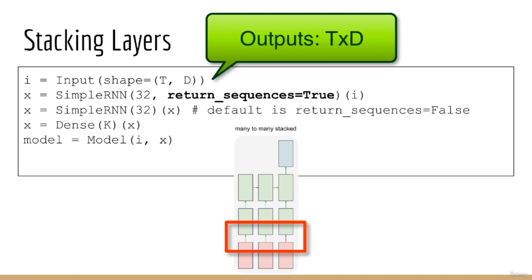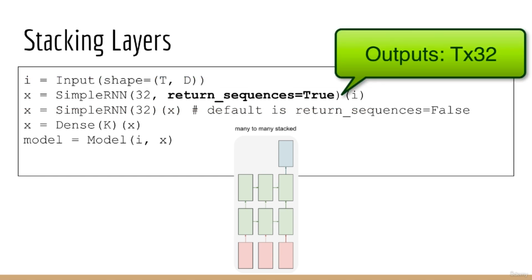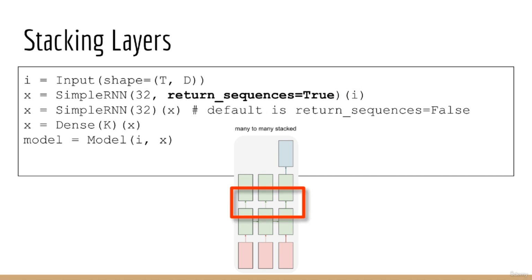In this case, we start with an input time series of size T by D. Then, we pass this through one RNN layer with 32 hidden units. We set return_sequences equal to true so that the output has the shape T by 32. Of course, this is still a multivariate time series, which can be passed through more RNN layers.